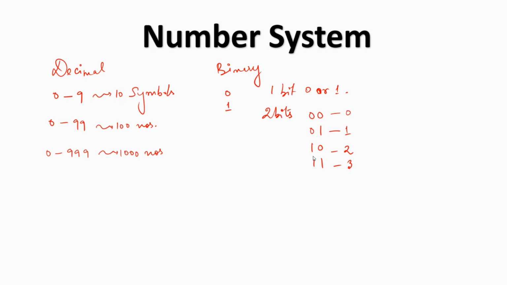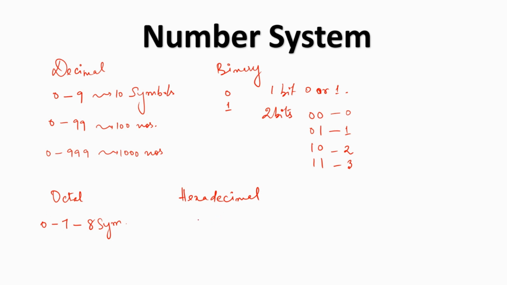The other commonly used number systems are octal and hexadecimal. In the octal number system, we are going to have symbols from 0 to 7. That is 8 symbols. That's why the name octal. And for hexadecimal, we are going to have 16 symbols.